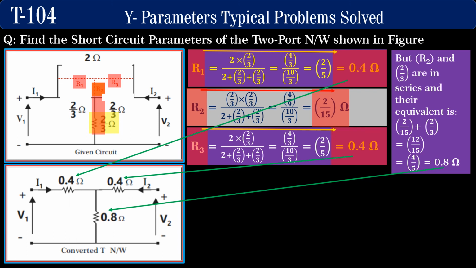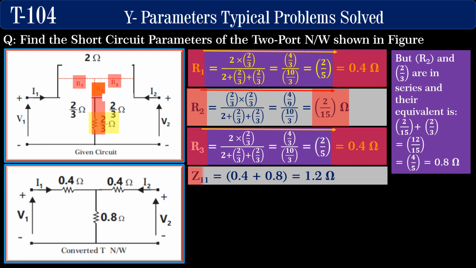Now you see that the given, seemingly complex network is transformed into equivalent T network, so that we can directly write the Z parameters, and after using the Z matrix and the matrix operations, we can find Y parameters, and I will show you how.